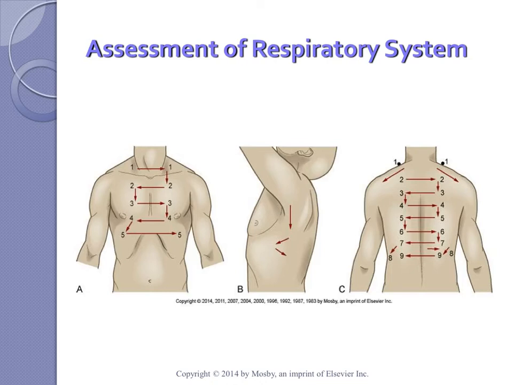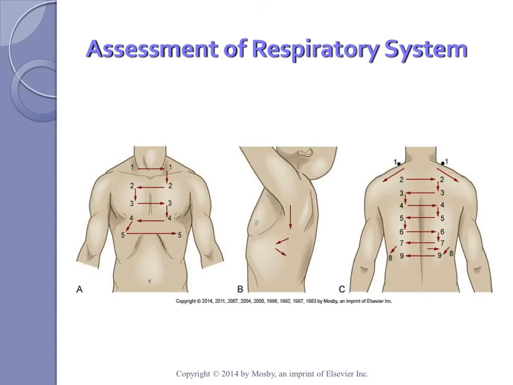When you go to listen to the lungs and you're auscultating them and you need to document, you want to think of lung sounds. You want to divide the anterior and posterior lungs into thirds. So you're going to document them as upper, middle, and lower.